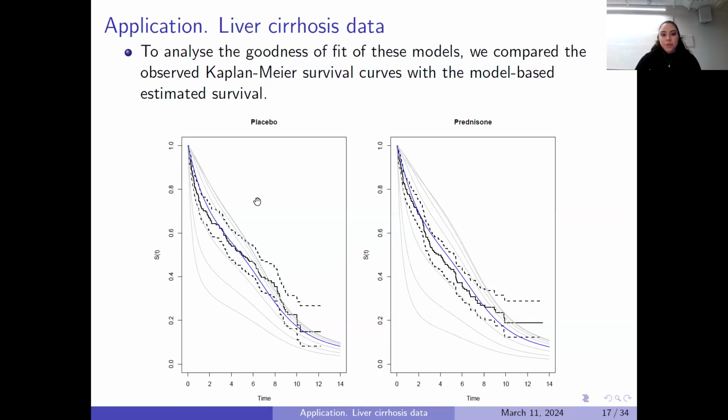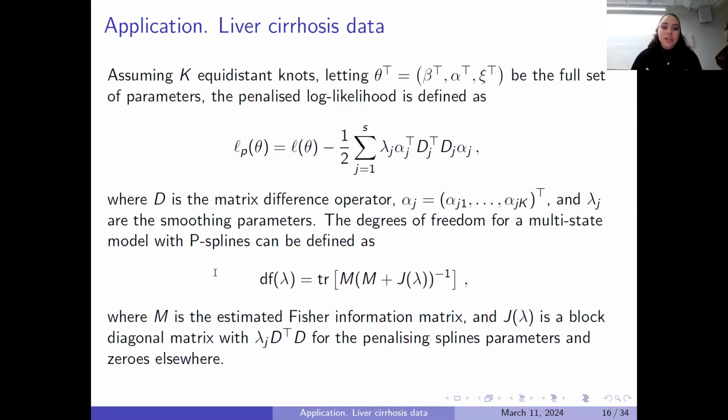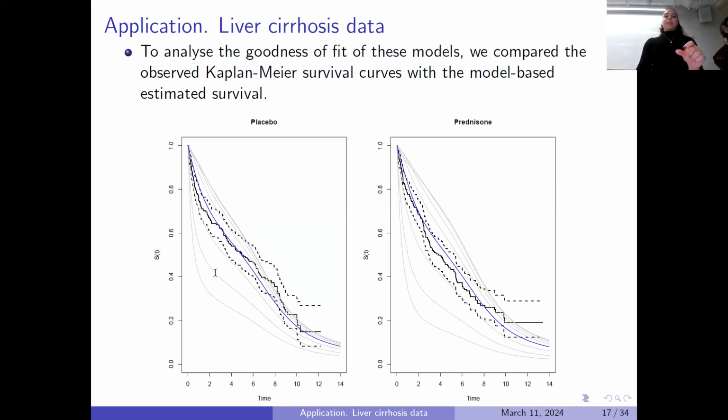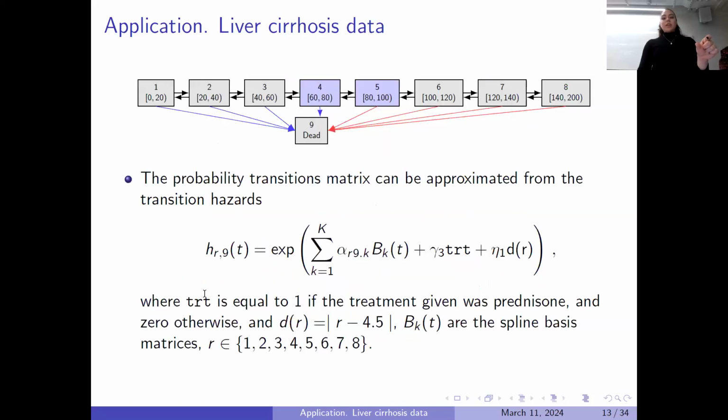If we go back to the model, those are basically the individual model-based estimated survival curves for all the patients. In this case, if we look at the hazards, we don't have any individual patient characteristics, so we can actually just visualize 8 curves, but in total we have 488 patients, so 488 predicted survival curves.